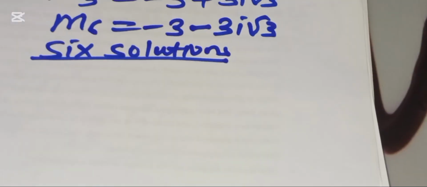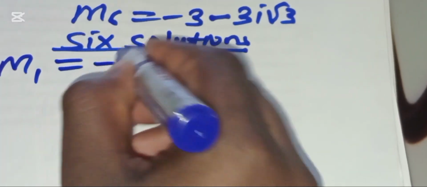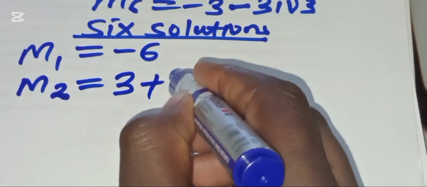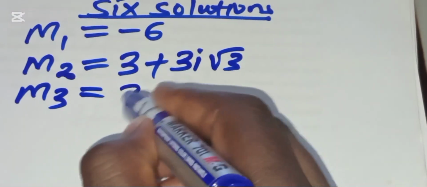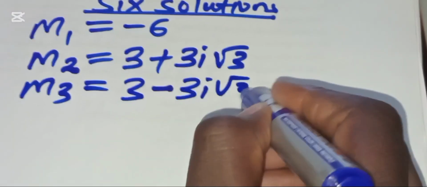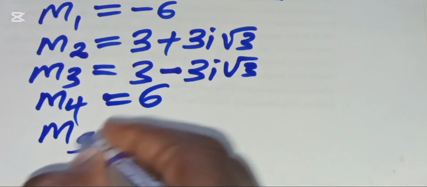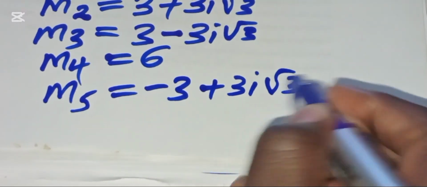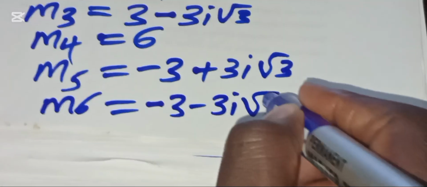Okay, now that means that we have 6 solutions. That is m1 equal to negative 6; m2 equal to 3 plus 3i square root of 3; m3 equal to 3 minus 3i square root of 3; m4 equal to 6; m5 equal to negative 3 plus 3i square root of 3; and m6 equal to negative 3 minus 3i square root of 3.